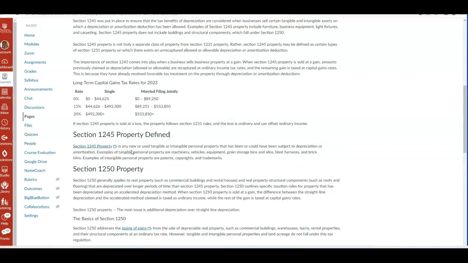Technically, one more time, it is new or used tangible or intangible personal property that has been or could have been subject to depreciation or amortization. Examples of tangible personal property are machinery, vehicles, equipment, grain storage bins, silos, furnaces, brick kilns, that means where they cook bricks, and ovens. Examples of intangible personal property are patents, copyrights, and trademarks.